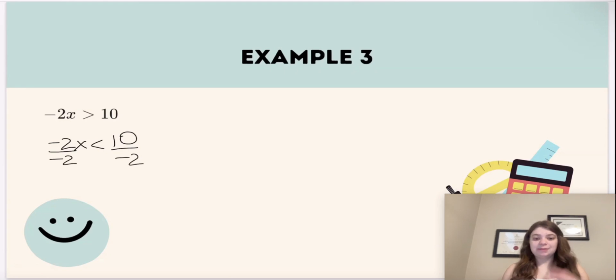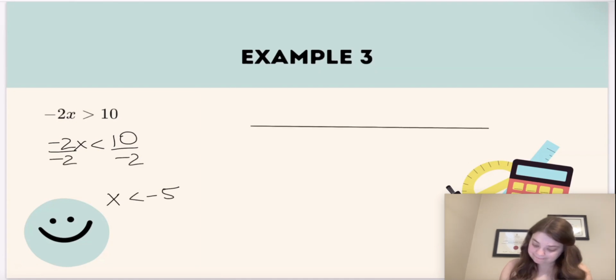Then I'm going to simplify my left. Negative 2 over negative 2 is just 1, so we just have 1x. And then 10 divided by negative 2 would be negative 5. So we get x is less than negative 5. And then I will graph this as well.